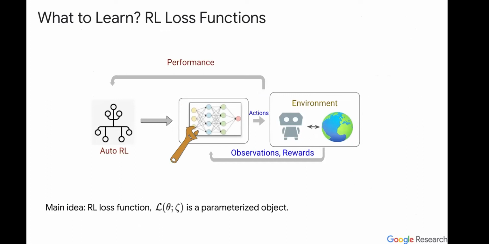Thanks. All right. So the next area on the algorithmic side, on the agent side, is learning loss functions. The main idea is that the loss function itself is a parameterized object.